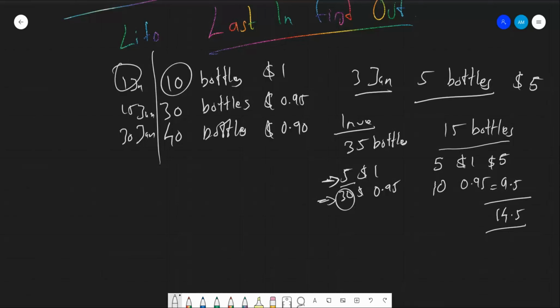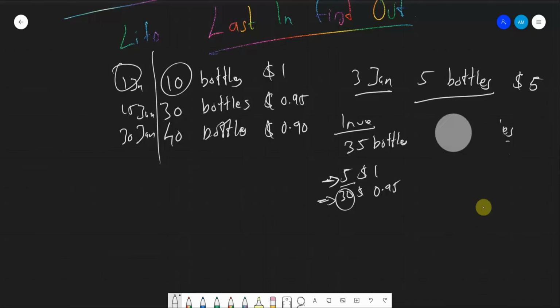But now we are at LIFO, and LIFO is the exact opposite of that. So for LIFO, what we're gonna do is this. How do you get this out? Yeah, so for LIFO we have 35 bottles, still the same.